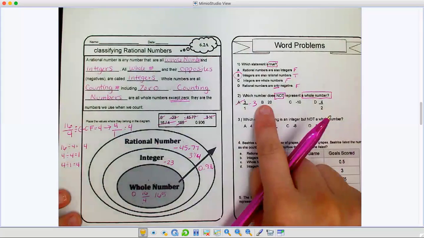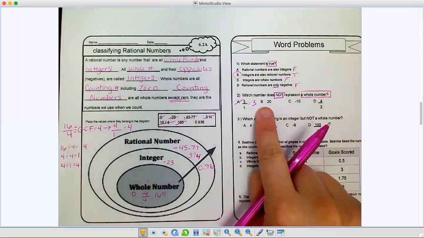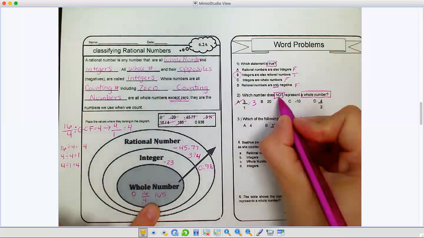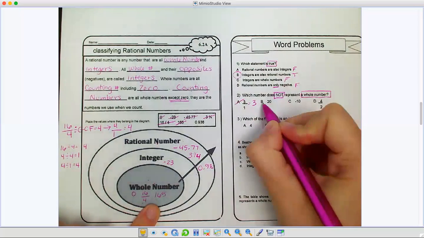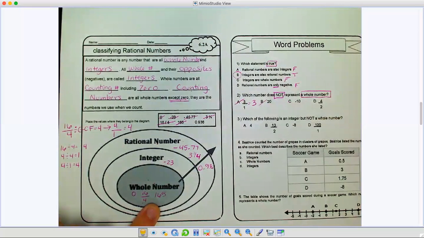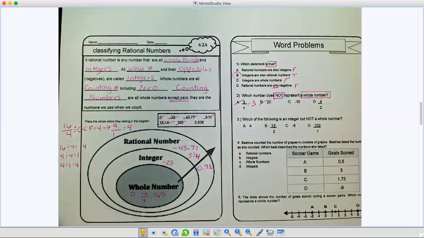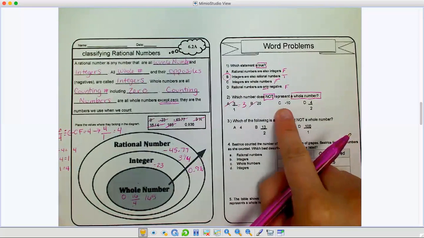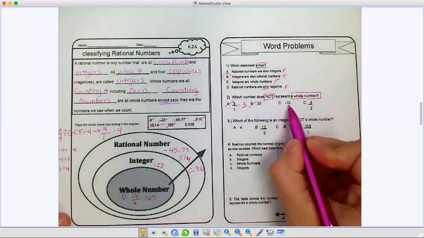Letter B gives us the number 20, and 20 would be a whole number. So because we're looking for something that's not a whole number, B is also not my answer, okay? Letter C gives me negative 10. If we look at just the number, I'm given the number 10. Number 10 is a whole number.